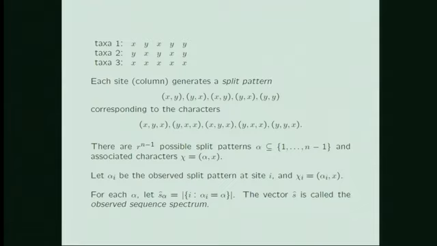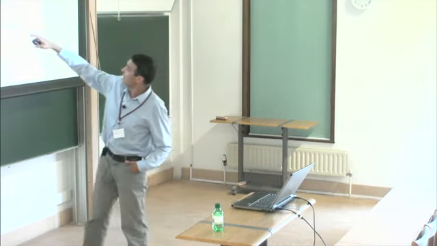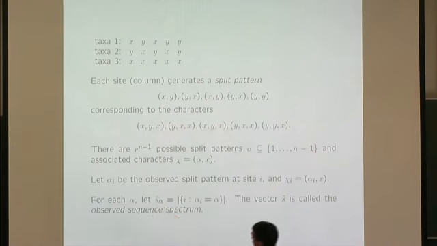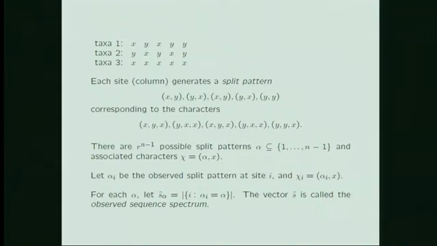Now we observe different split patterns or characters at different sites. I call the split pattern observed at site i alpha i, or if you want to think in terms of characters, chi i. Then I can count the number of times I observe the same split pattern, and if I put all of these cardinalities into a vector of size r to the n minus 1, this is called the observed sequence spectrum.